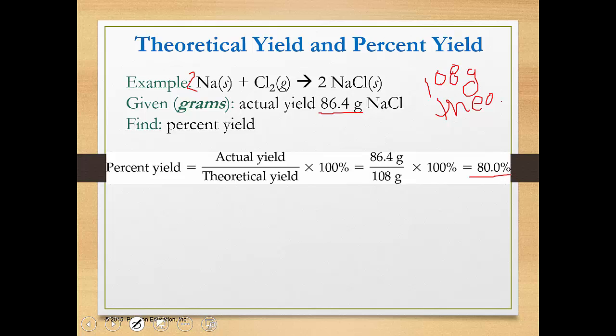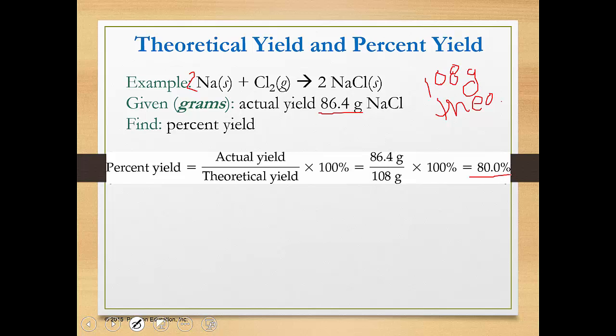Keep an eye on your significant figures as you're doing these calculations. They do start to matter here, and they're going to make a difference. So keep an eye on significant figures. This would be 80.0% yield exactly. I know that sounds like, it's 80, why not say 80? Well, there's a big difference between 80.0% and 80.4% in some cases.